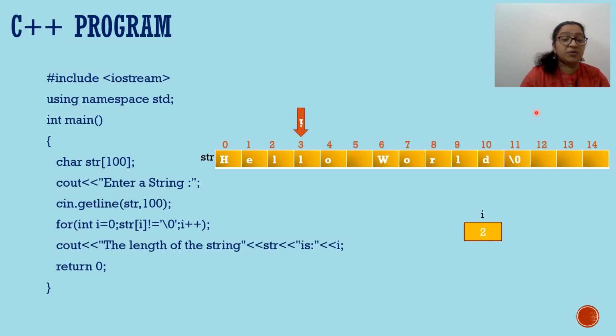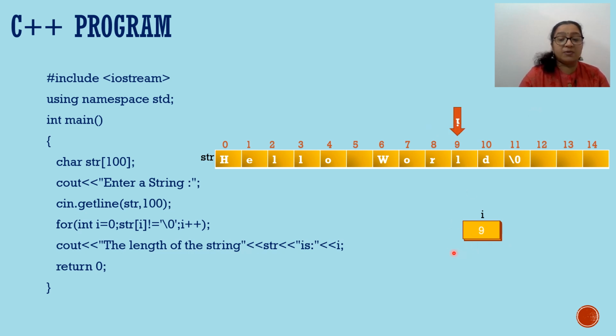Then in third position, I value is 3, then fourth position, I value is 4, then the fifth position, I value is 5, then sixth position, I value is 6, then seventh, I value is 7, then eighth position, the value of I is 8 here.